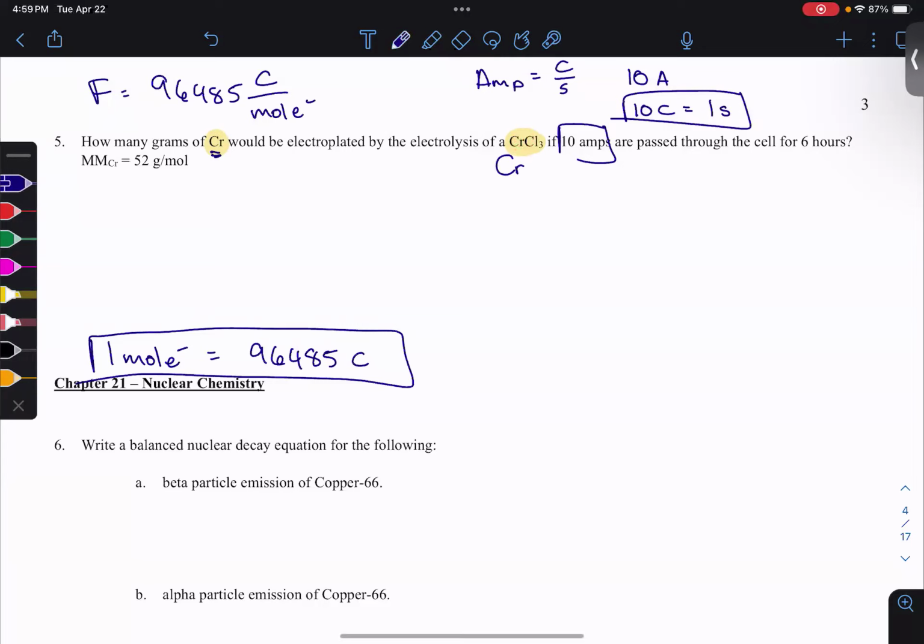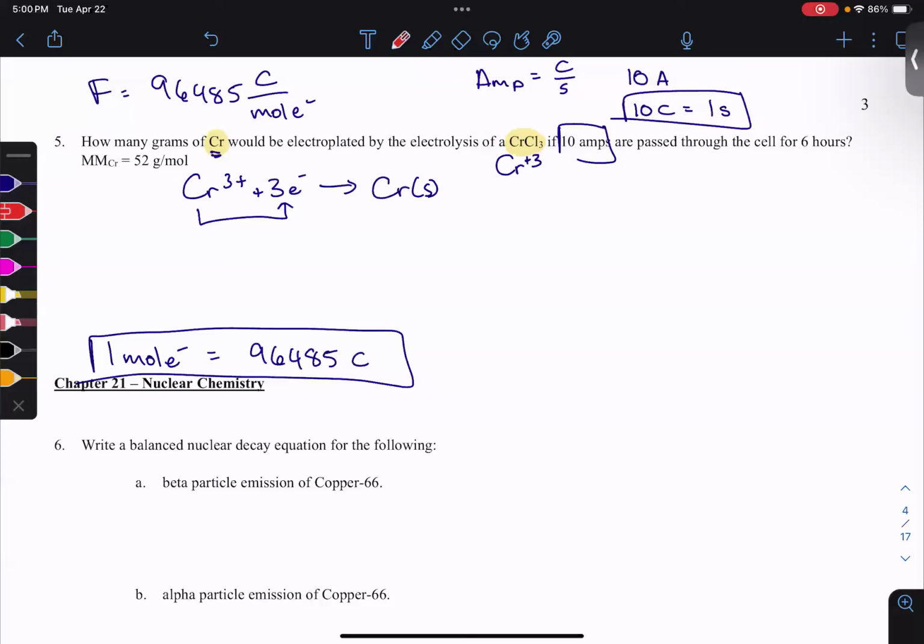So it's chromium +3, all right? So you can just do a lazy half reaction. To go from chromium +3 to chromium solid, how many electrons are involved? 3. Right? And this is just stoichiometry, but really it's n, right? In order to make a chromium solid, you have to deliver 3 moles of electrons. So those are 3 different equalities, fractions that we'll use in this analysis.